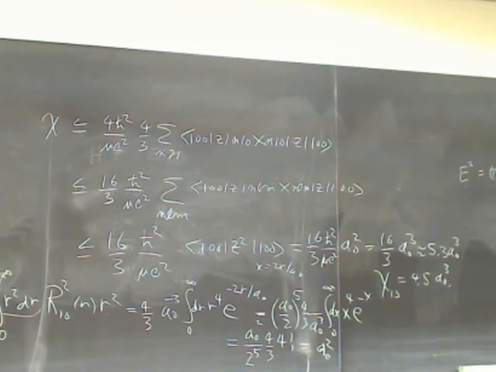And, well, I don't know, I thought I saw a way of approximating it a little bit better, but I'm not sure. Okay, so that's the quadratic Stark effect in hydrogen, the ground state of hydrogen. Are there any questions?